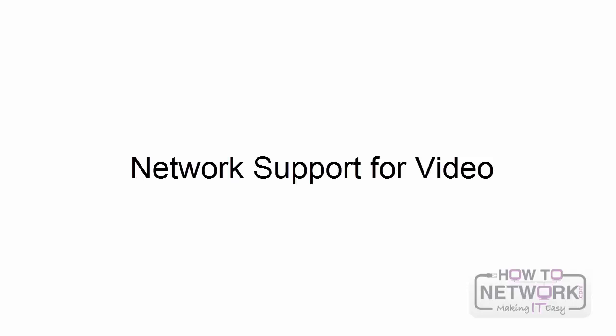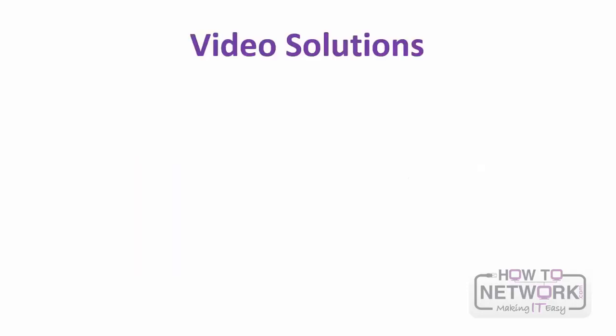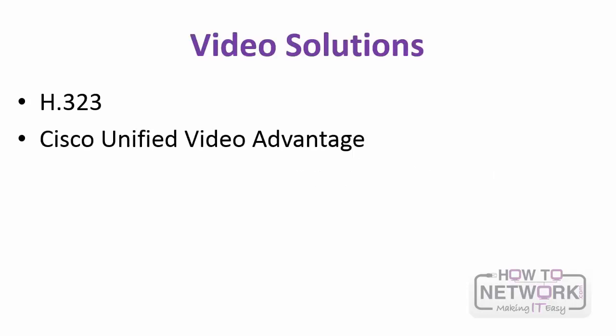There are three types of video solutions: H323, Cisco Unified Video Advantage, and Cisco Telepresence. With H323, multiple third parties offer H323 video conferencing systems, which can be used to set up a video conference over an IP or ISDN network. The Cisco Unified Video Advantage product uses a PC, video camera, and a Cisco IP phone as a video conferencing station.